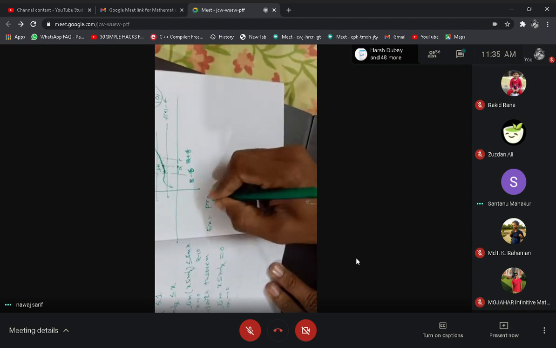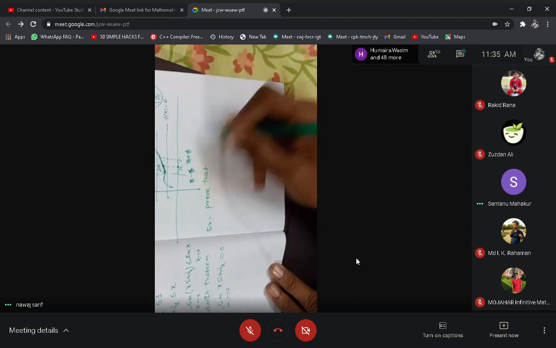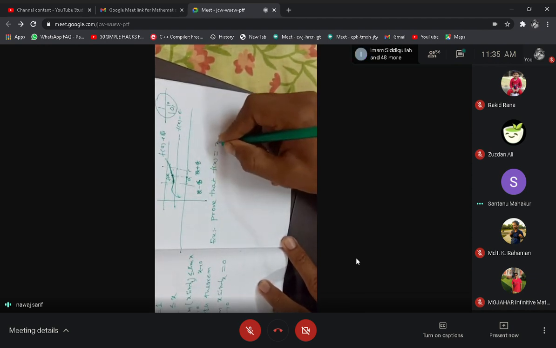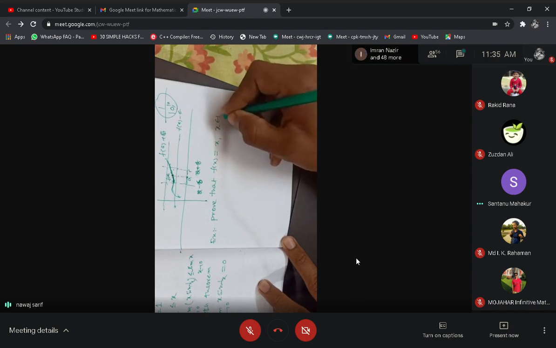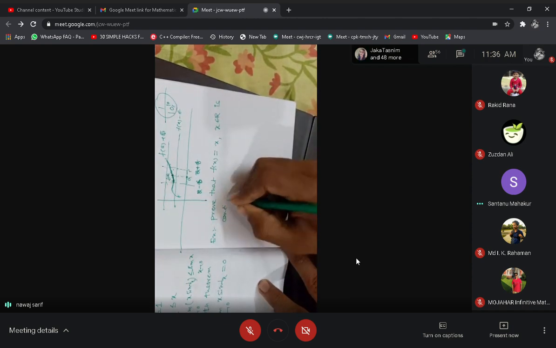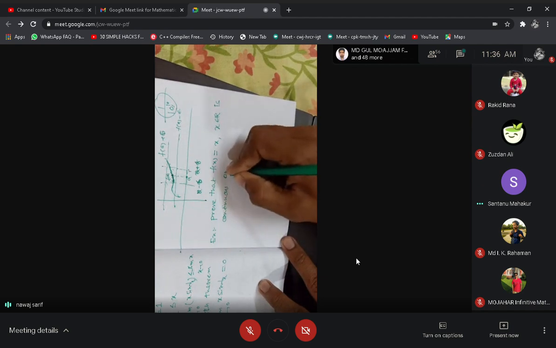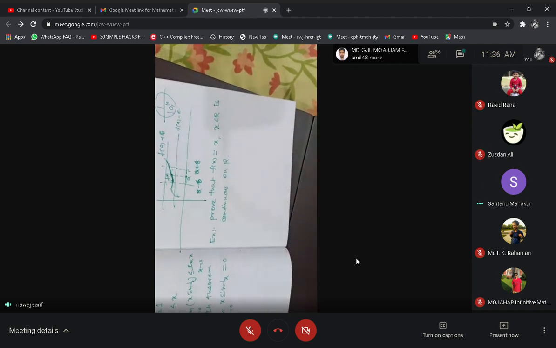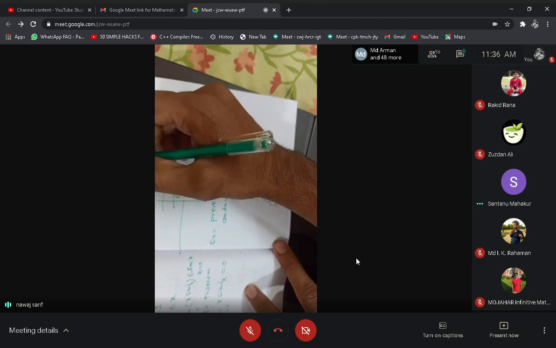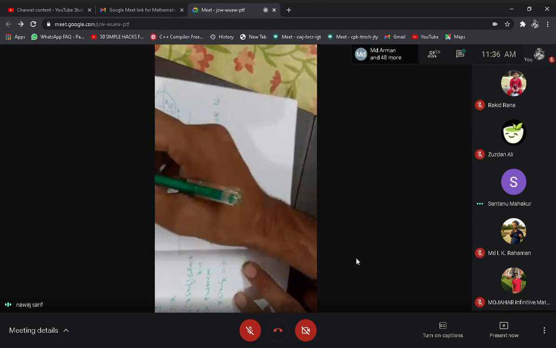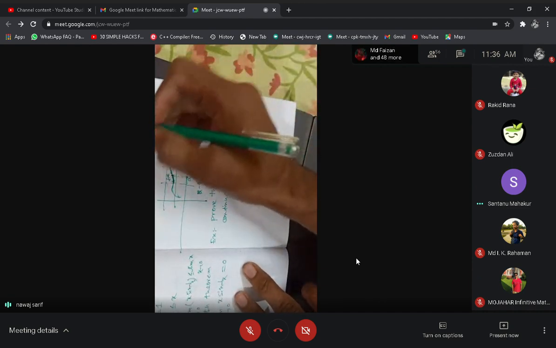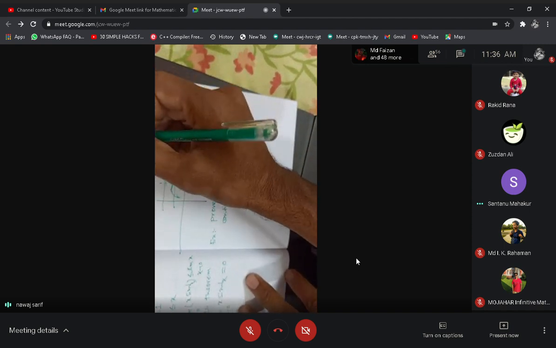Prove that f of x equal to x, x belongs to R, is continuous on R. We have written a definition of continuity at a point a, but we can say that a function is continuous on a whole set when the function is continuous at every point of the set.